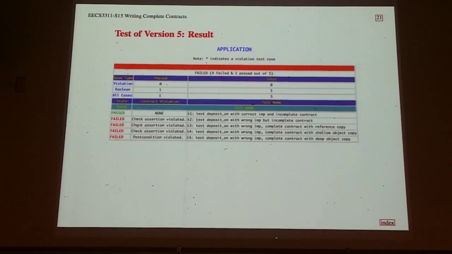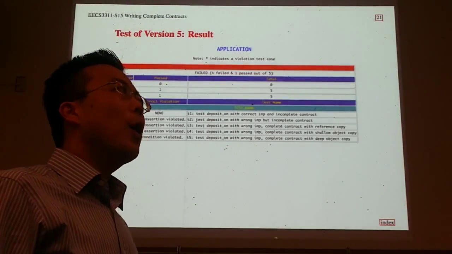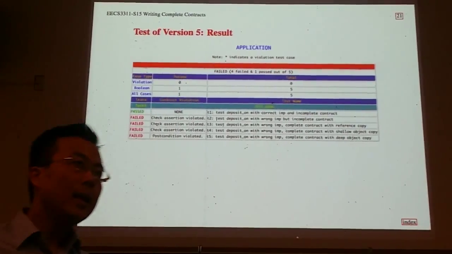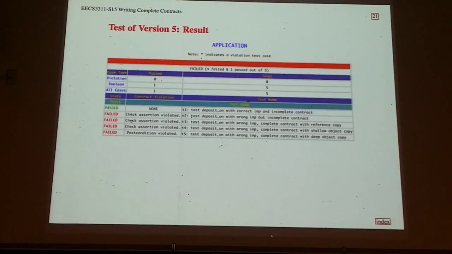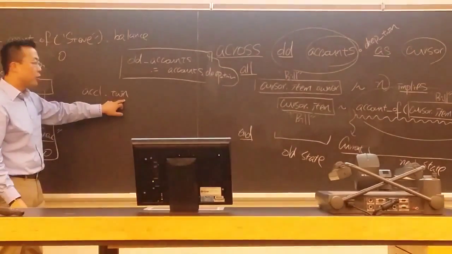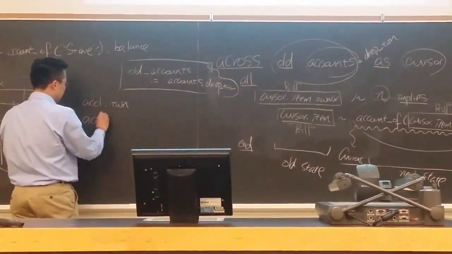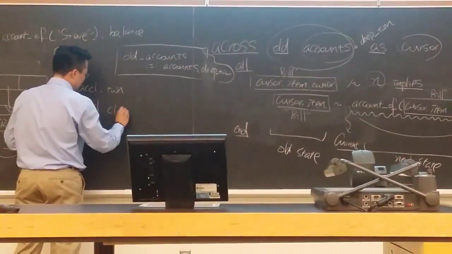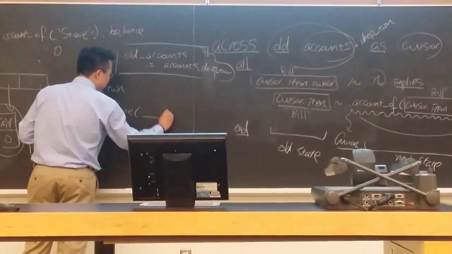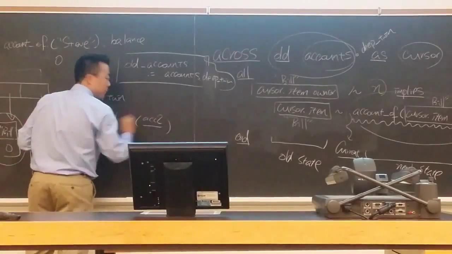Oh, yes. What's the difference between deep twin and the clone commands? Oh, in Java? In Eiffel. So clone simply does not take any arguments. We simply return a new object. However, if you say clone, you have to pass some argument here. Let's say ACC2.